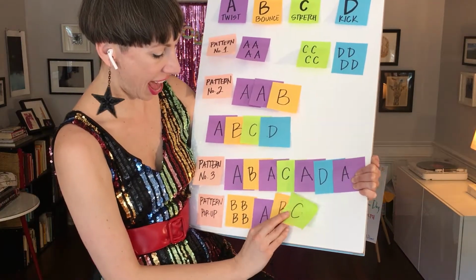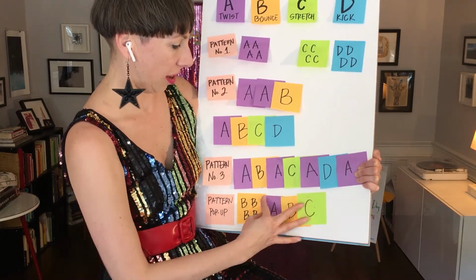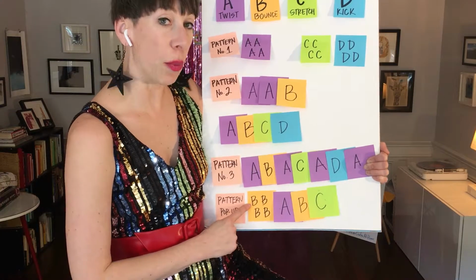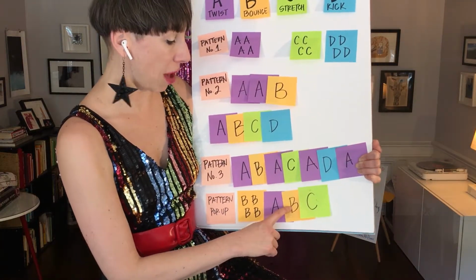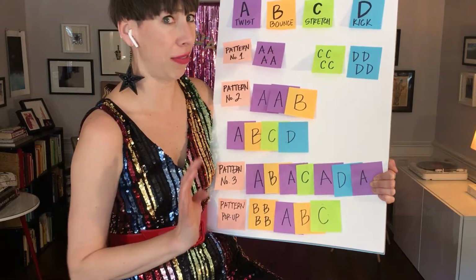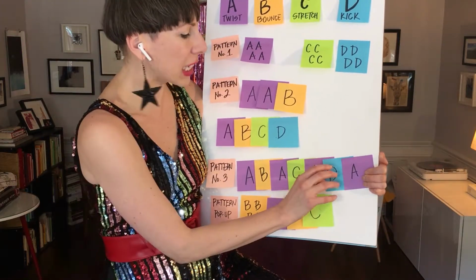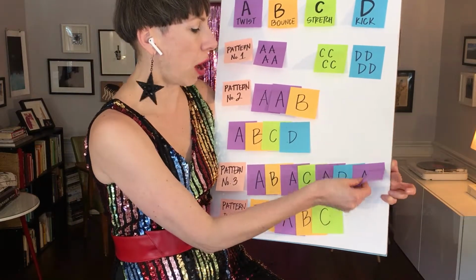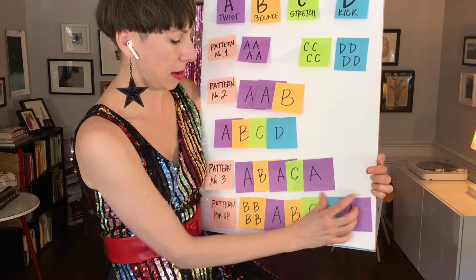So we'll go A, B, C. Okay, so we'll start with 4 bounces. We'll go to a twist, into a bounce, into a stretch. Now, I really love those kicks. I'm going to steal the last part of the rondo and I'm going to stick it right here.